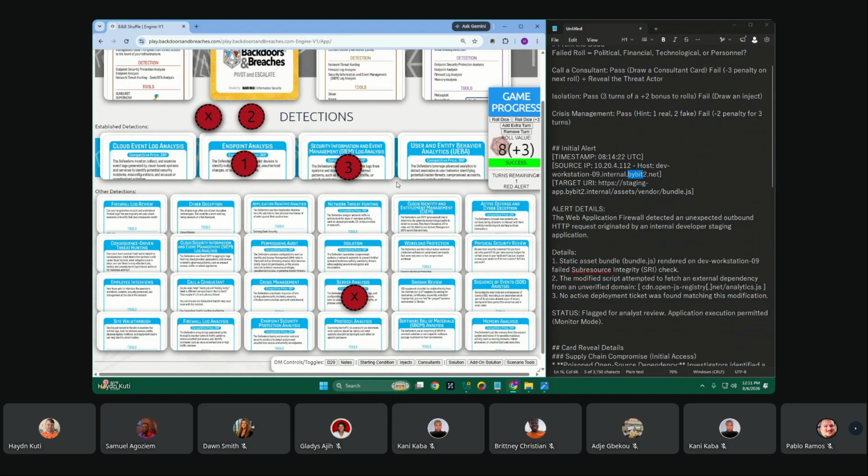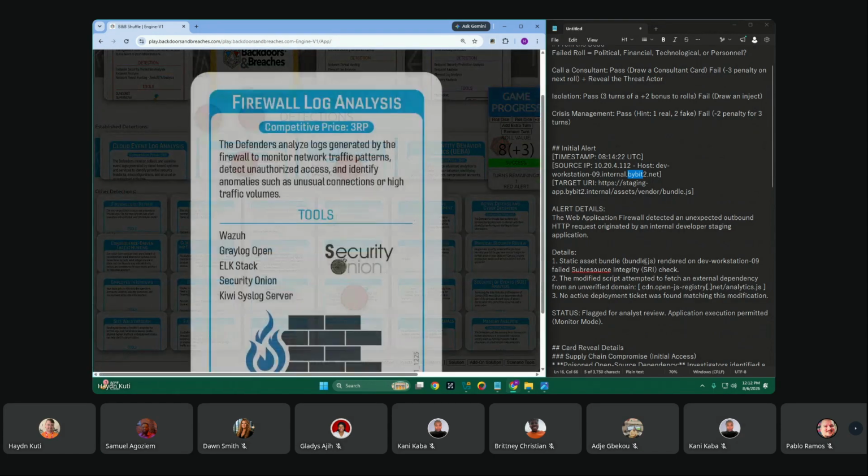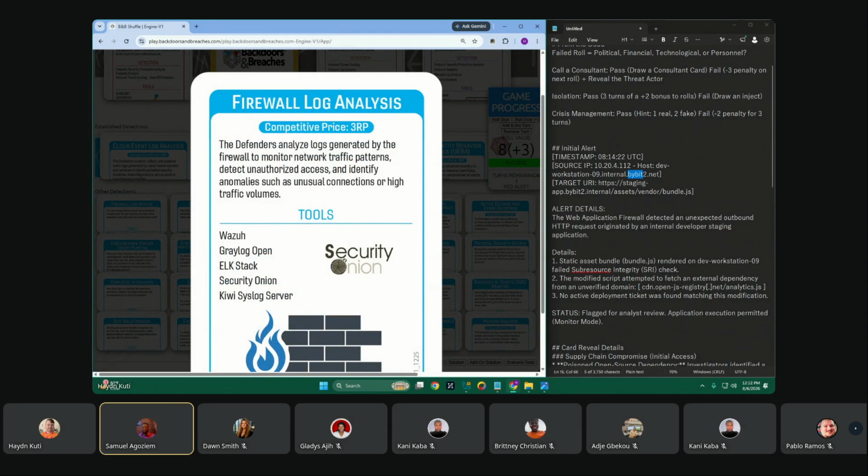Sorry, I just wanted to say something. I think the firewall log is under the SIM log. I think that's what I just observed, that the SIM log is housing the firewall log.